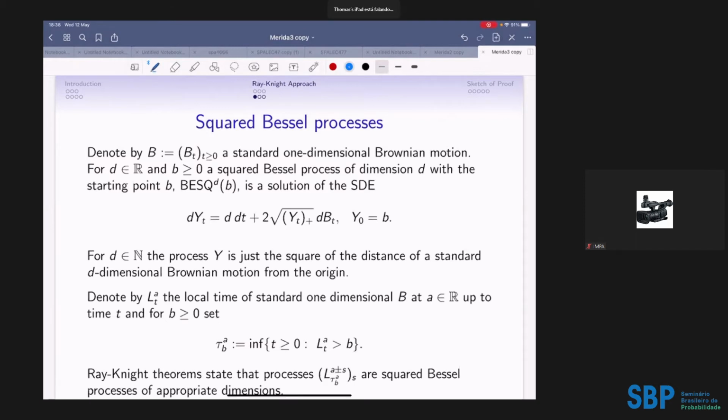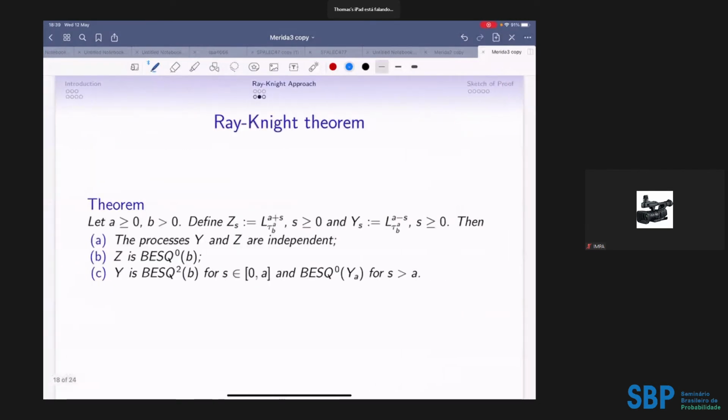Now I'd like to talk about the Ray-Knight theorems for Brownian motion. If you look at the local time at a position A, I'll take it to be positive just for definiteness, it could be anywhere, and you look at when the local time at A is greater than B, this is a stopping time for Brownian motion.